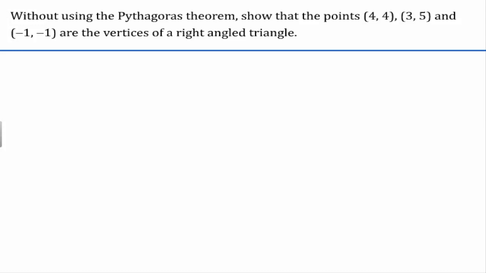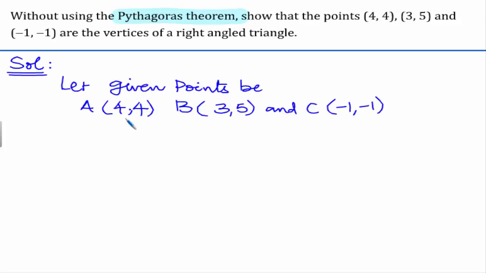In this problem, we were given 3 points and we need to show that those 3 points are the vertices of a right angled triangle, and remember, we are not supposed to use the Pythagorean theorem. Let us see the solution for this. Let the 3 given points be taken as A, B, C. A is 4, 4, B is 3, 5 and C is -1, -1.